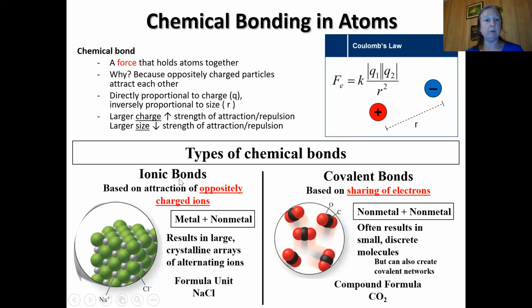And the other is that an ionic bond is formed between a metal and a nonmetal, because you're going to have a positive charge with the metals and a negatively charged ion with a nonmetal. So that's why. Covalent is nonmetal and nonmetal. It does not involve ions. Okay, so know those differences.